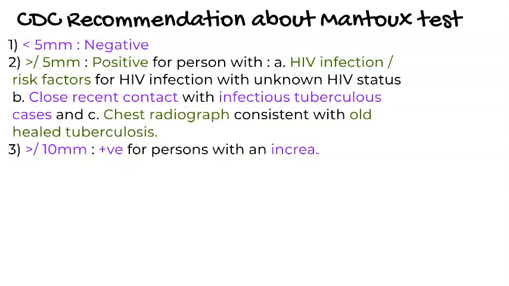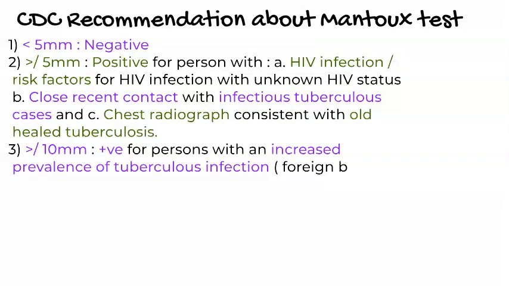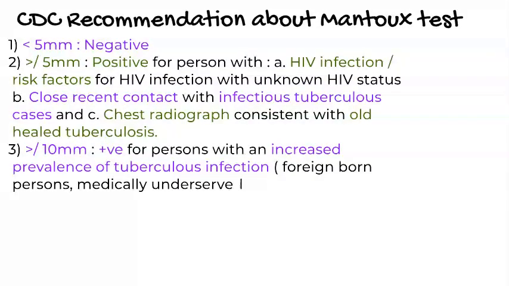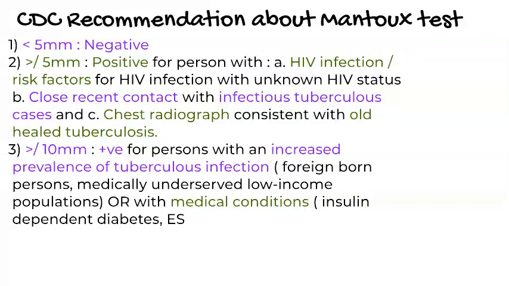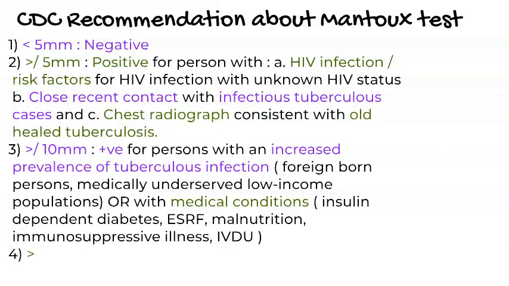Number 3, more than or equal to 10 mm is positive for a person with an increased prevalence of tuberculosis infection. That means a foreign-born person, a medically underserved low-income population, or a person with a medical condition, for example, insulin-dependent diabetes, end-stage renal failure, malnutrition, immunosuppressive illnesses, or an intravenous drug user.